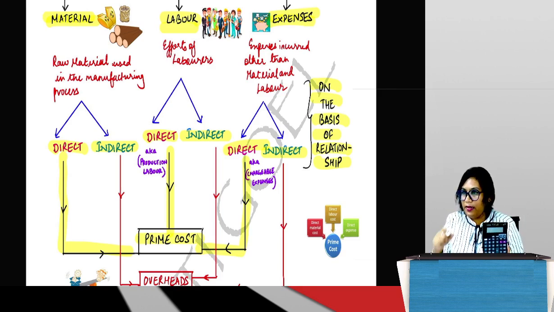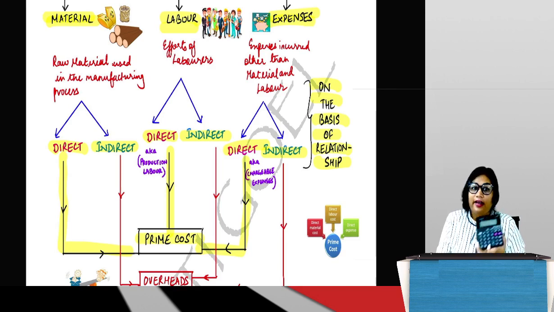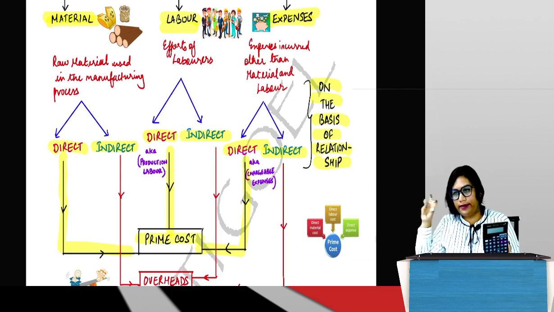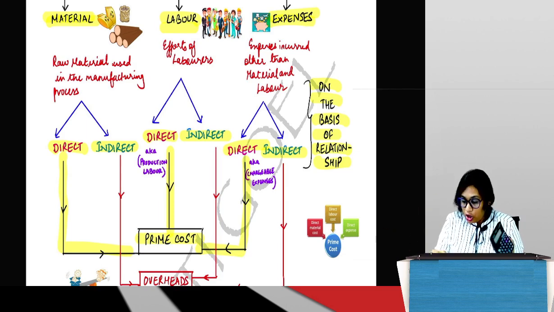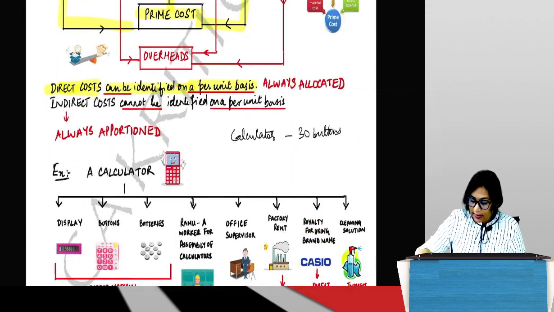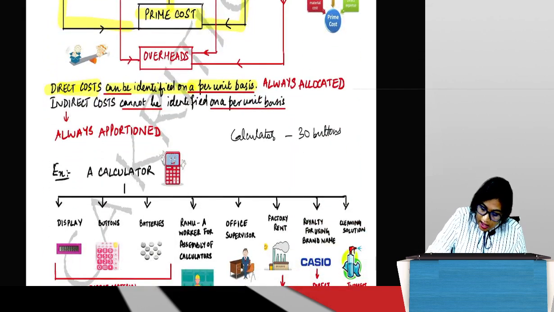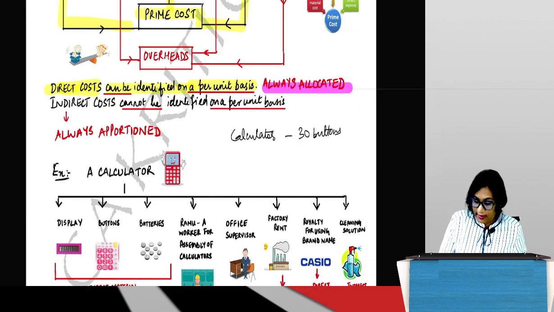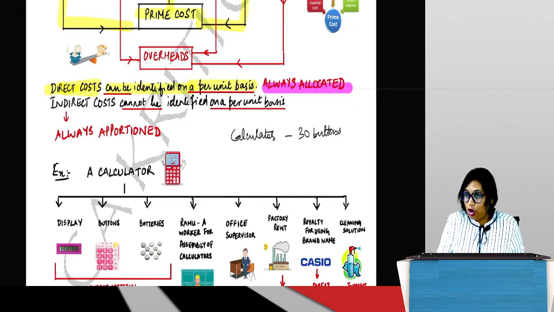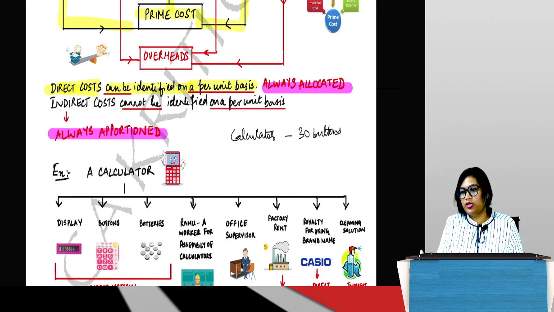Correct? But at the same time, if I look at a cost like rent or salary of supervisor, then I will not be able to tell how much is attributable to per unit of this calculator unless I sit and calculate. Guys, is it okay? So we always say that direct costs are always allocated, whereas indirect costs are always apportioned.